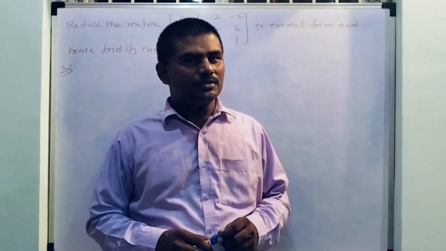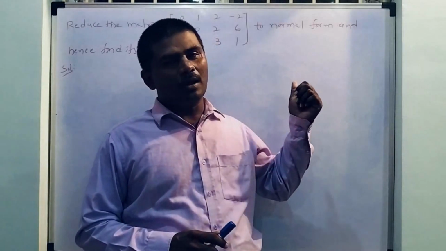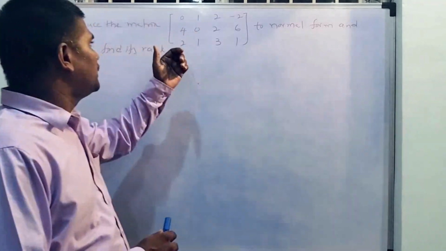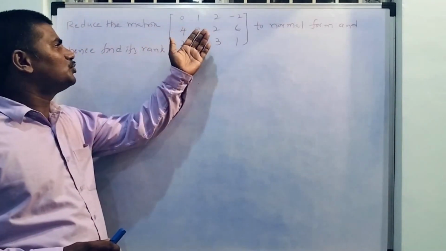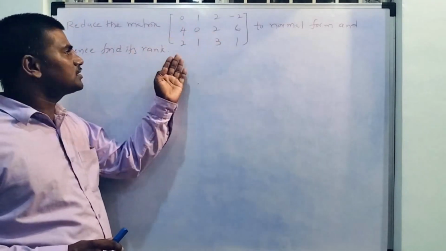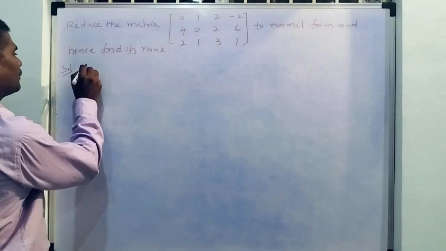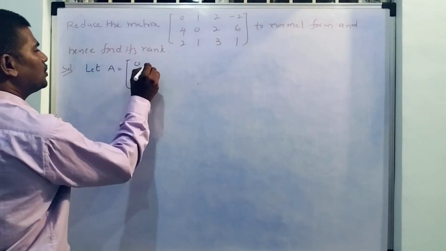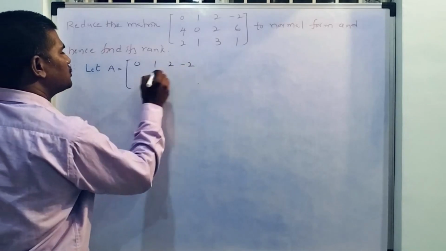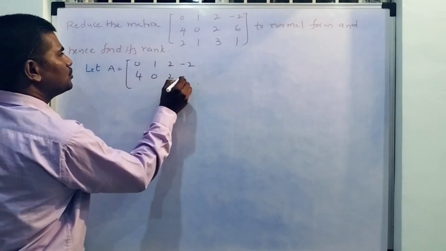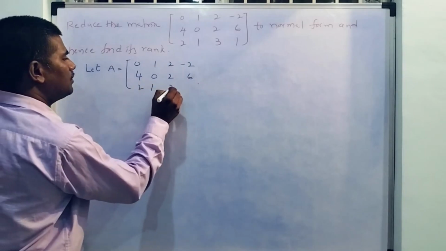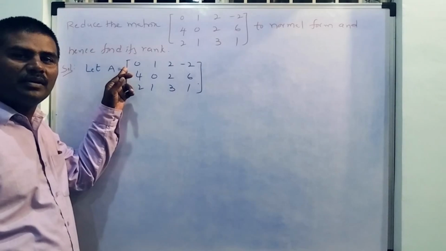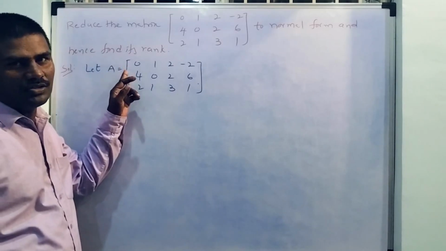Now let us reduce the matrix into normal form and find its rank. So here is the matrix 0 1 2 minus 2, 4 0 2 6, 2 1 3 1. Let A be equal to this matrix. The first element of the matrix must be non-zero.